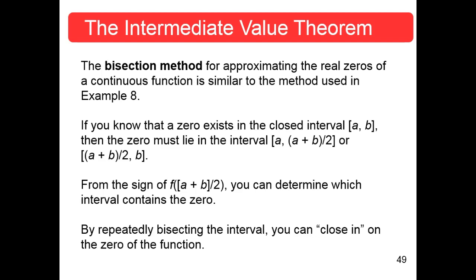In other words, it's either between a and halfway, or between halfway and b. That's the midpoint. So basically take the midpoint between a and b, and then plug that into f. If that sign is the same as f of a, then it's different from f of b.